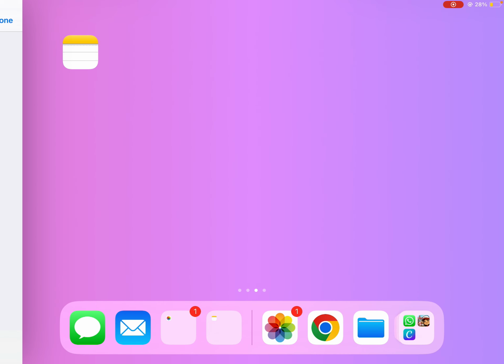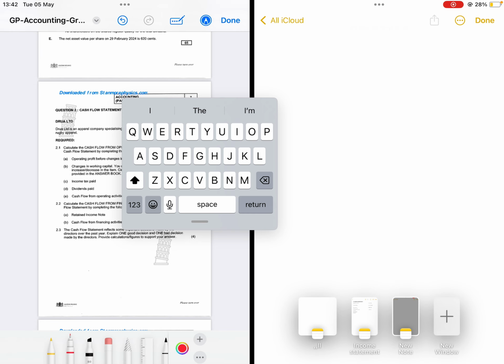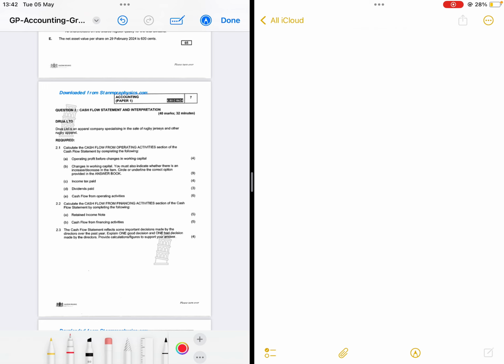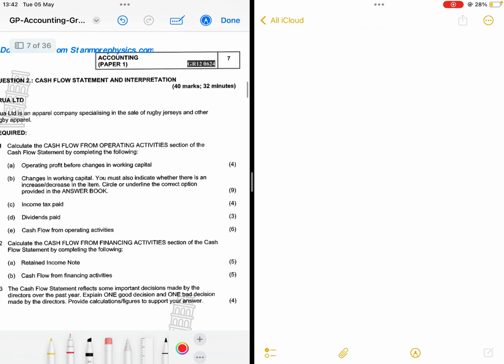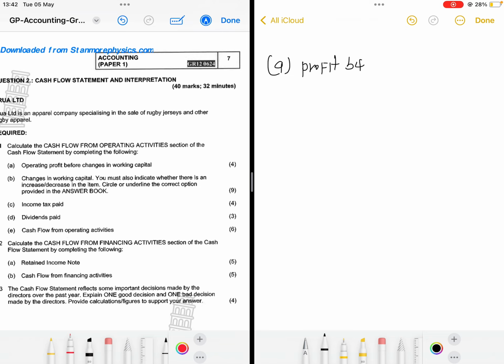For grade 12, it's kind of simple. You don't have to do a lot of stuff. You just have to say number A, profit before working capital.